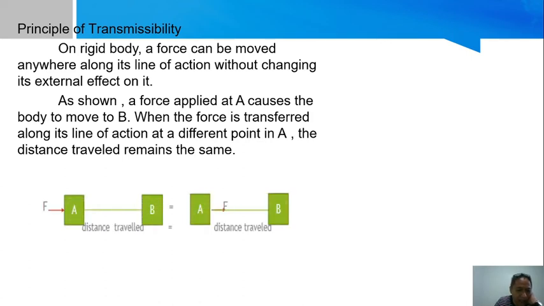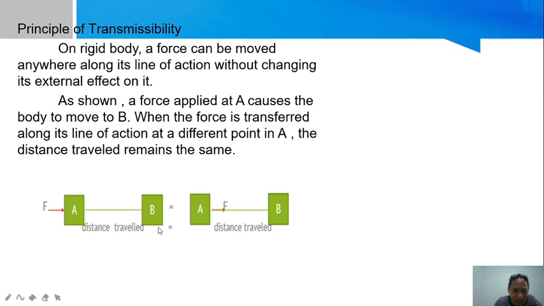If a body A has a force F applied at this point, then the body travels to a position B. So this is the distance traveled by the body upon the application of the force F. Now, if this is the line of action, and I put the location of the point of application of the force right here, the same amount of force applied will also travel the same distance.